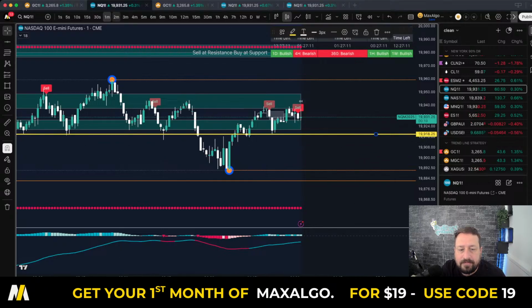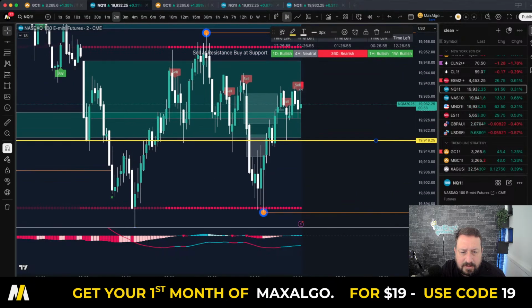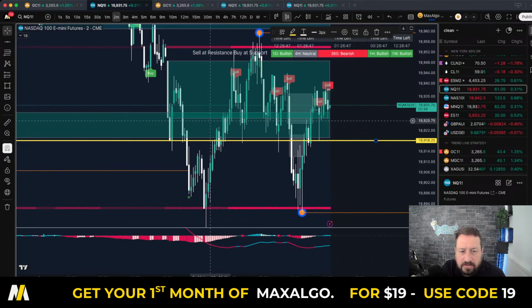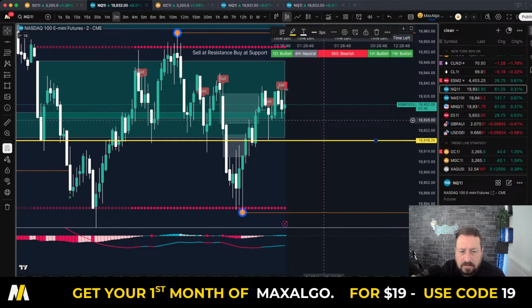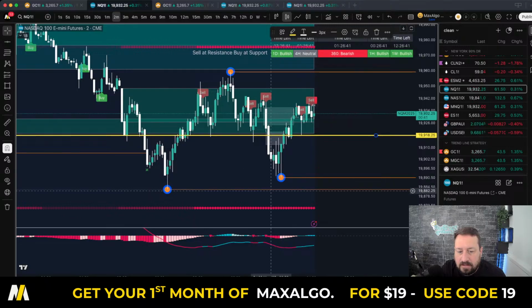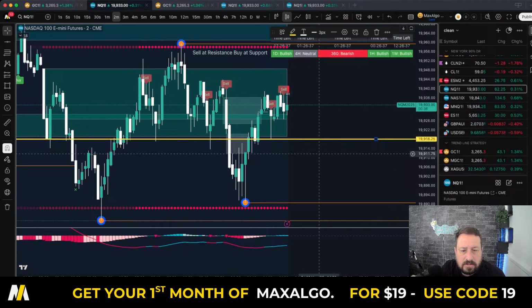I like that. Just a bit messy. Just holding this previous level. With this one not delivering to take the low. It's just interesting to see.